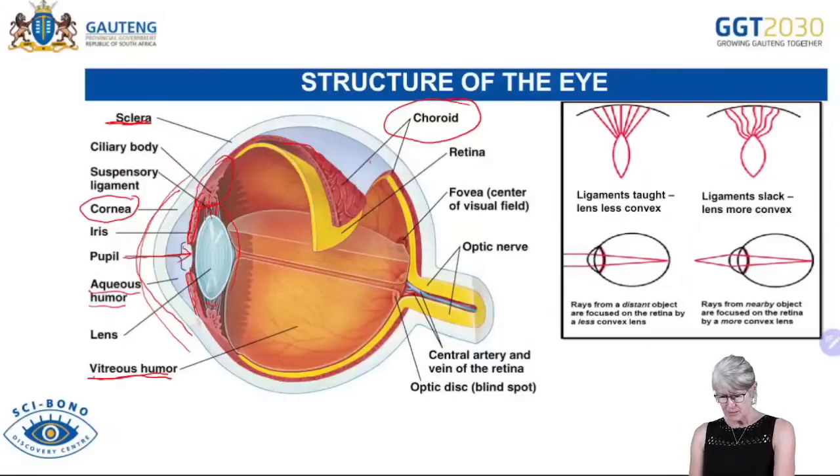And we find that if we have a look at the inner lining, that is known as the retina, and the retina is the part that has our photoreceptors. So in there we have all the cells. They are called cones and rods, and they are sensitive to light. Right.